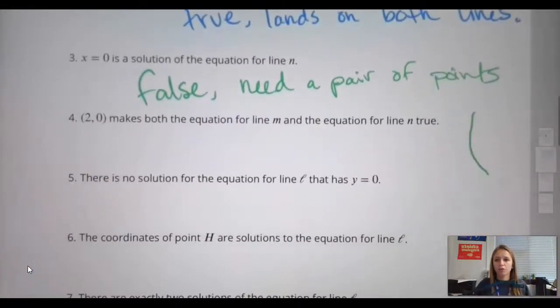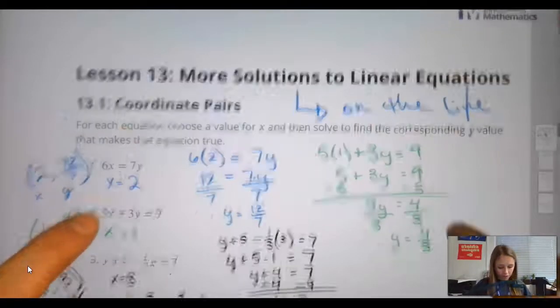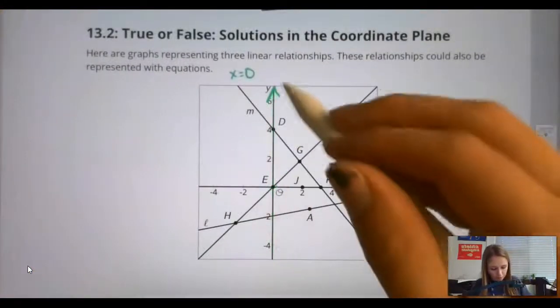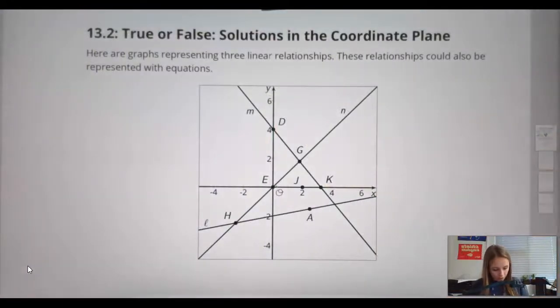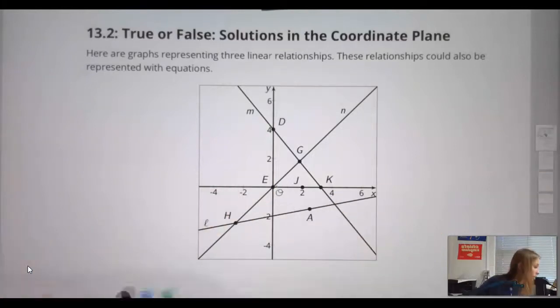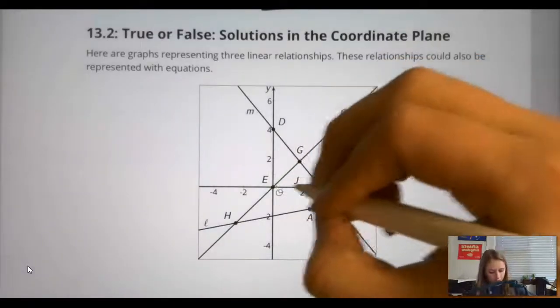So now it says 2, 0 makes the equation for line M and the equation for line N true. So that point needs to go through both of those lines. So let's check that out. I'm going to erase this. So let me double check what my point is. Okay, so it would be 2, 0.